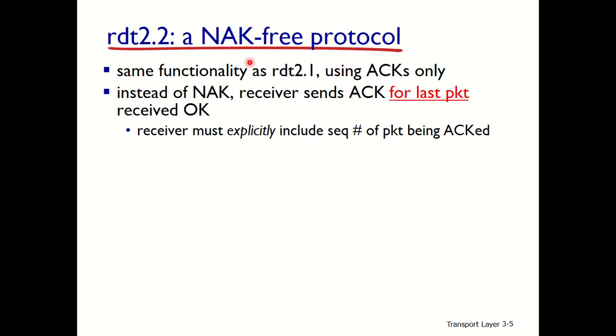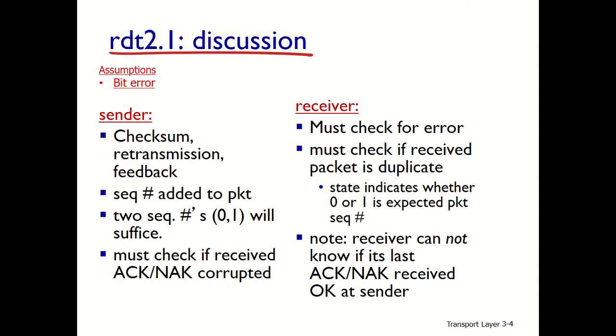So we don't use negative acknowledgement. In RDT 2.2, we use only acknowledgement, and from the acknowledgement we get the meaning of negative acknowledgement as well as positive acknowledgement. Let me explain it through an example. In the previous class, we discussed that we attach the sequence number to each packet.